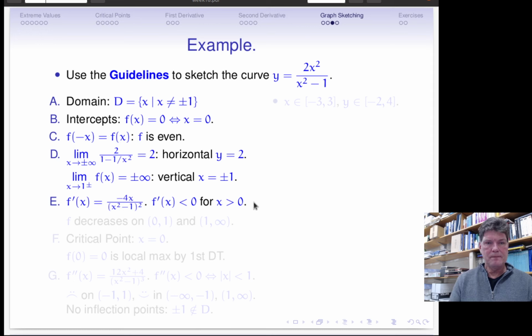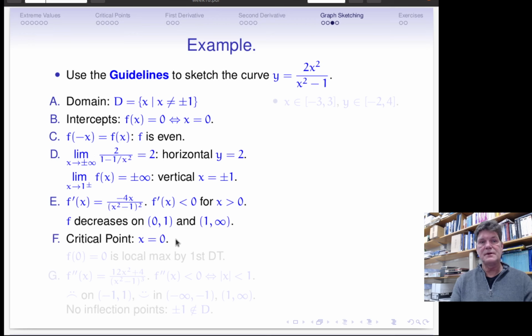So f is decreasing on the interval from 0 to 1 and the interval from 1 to infinity. Then the derivative is 0 at x equal to 0, so there's a critical point.